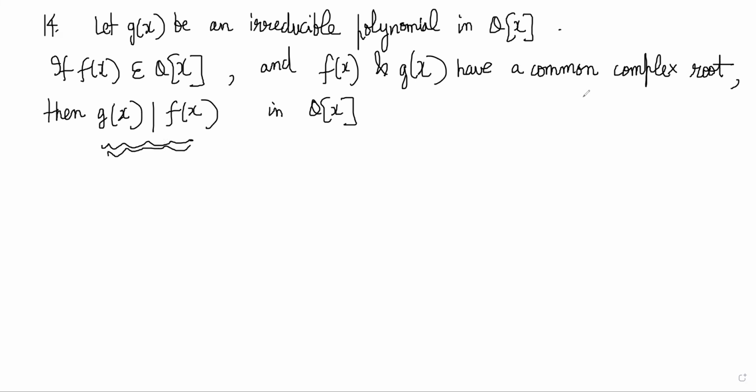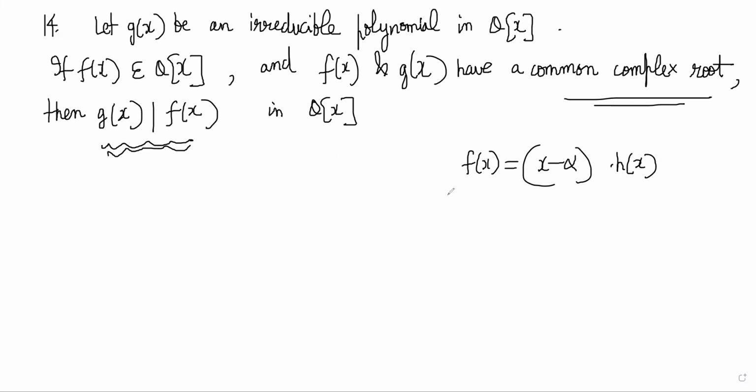Basically, the idea is f of x can be written as x minus alpha times some other stuff, say h of x, and g of x is an irreducible polynomial in Q of x. Over the complex numbers it could not be reduced further, meaning g of x itself must be linear, but we are looking at the Q of x set. So g of x could be this.